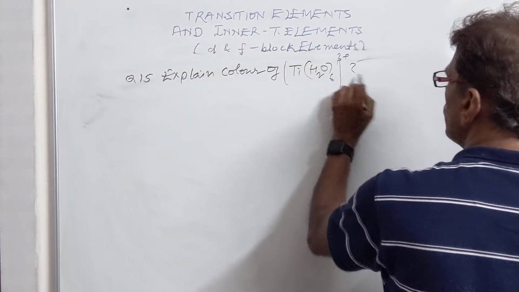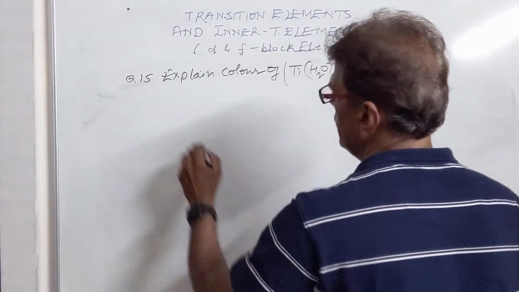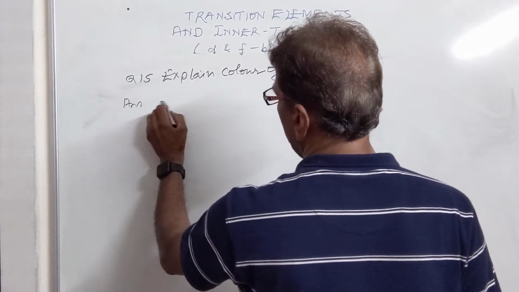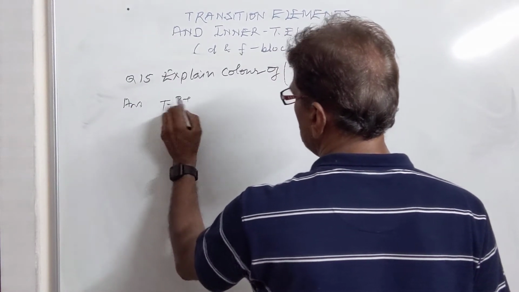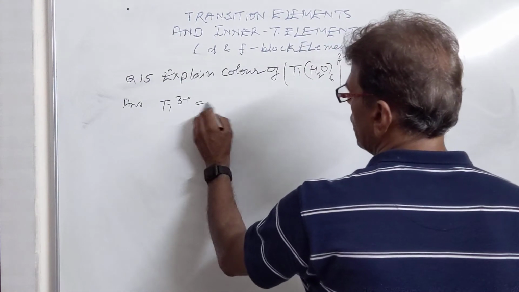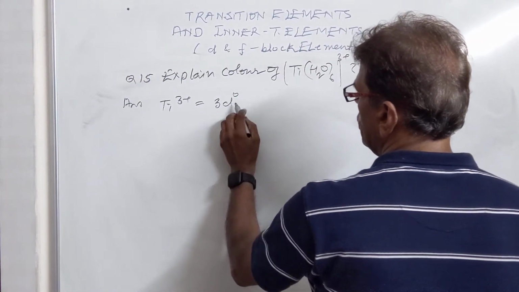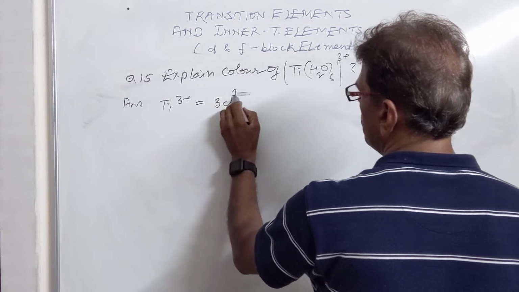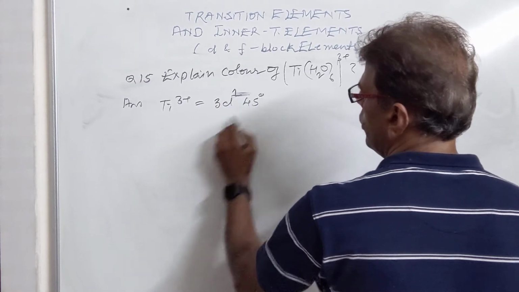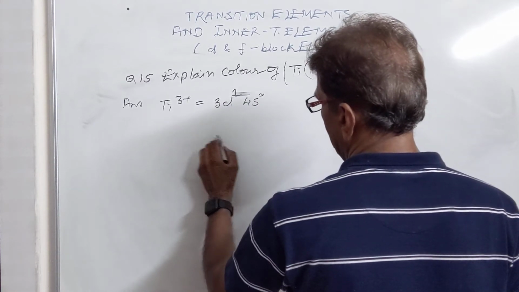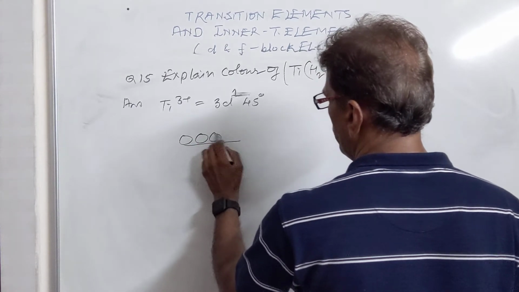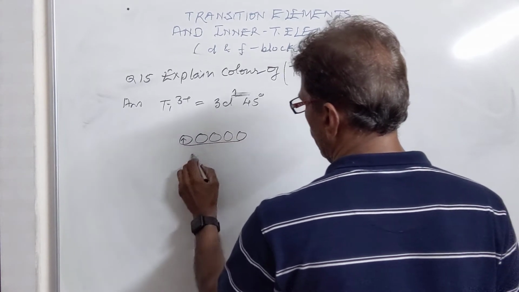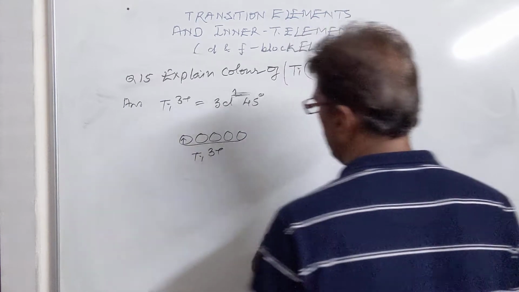Since water is a neutral ligand, we see the electronic configuration of tripositive titanium, as the charge is present on titanium. Its configuration will be 3d1, 4s0. So in the d subshell, it has five orbitals and only one electron. This is the condition of the tripositive ion.